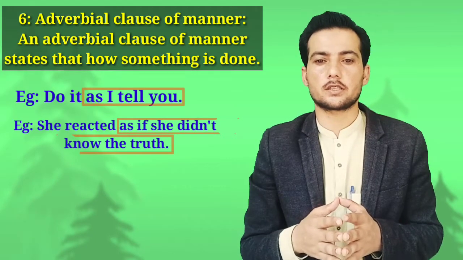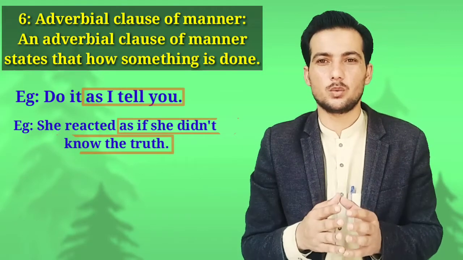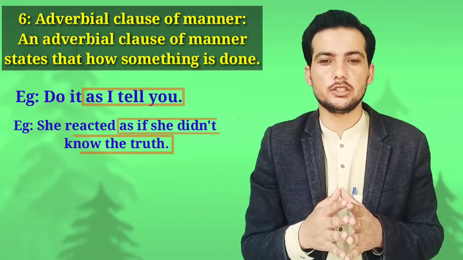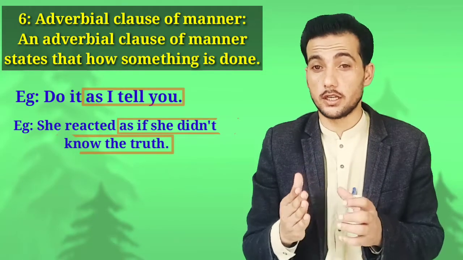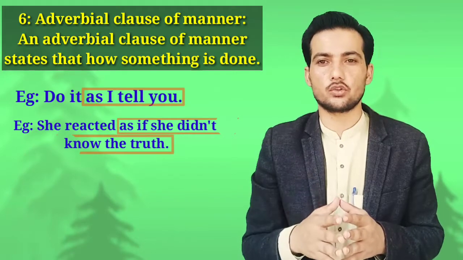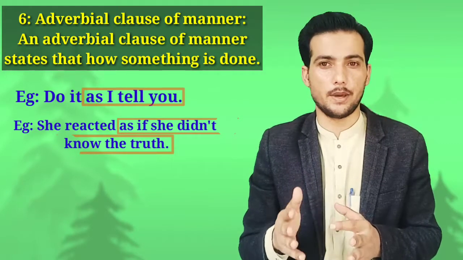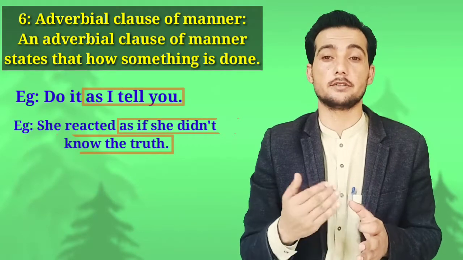It gives us information about the reaction of the girl. How did she react? She reacted in such a way as if she did not know the truth. So "as if she did not know the truth" is an adverbial clause of manner, because it gives us information about the verb "reacted."